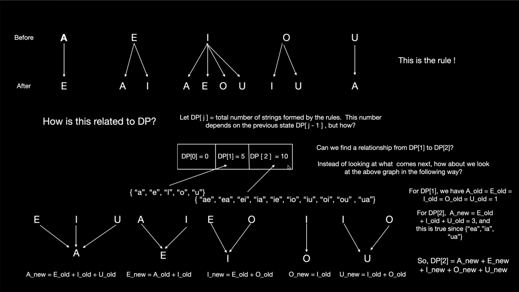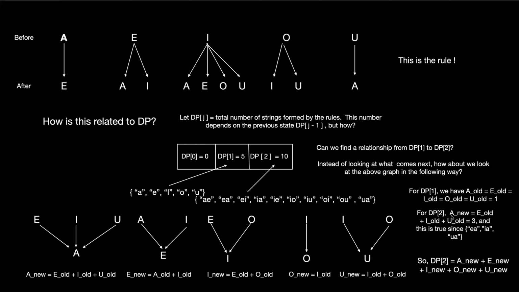Now for DP of 2, this is what we are interested in. You are summing up A_new, E_new, I_new, O_new, and U_new. Let's look at A_new. That's just E_old plus I_old plus U_old, which is equal to 3. Now, what does that mean?